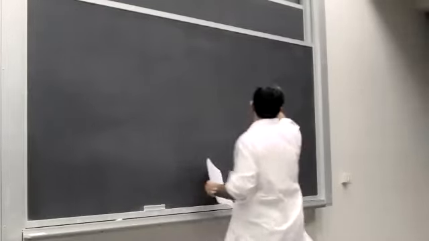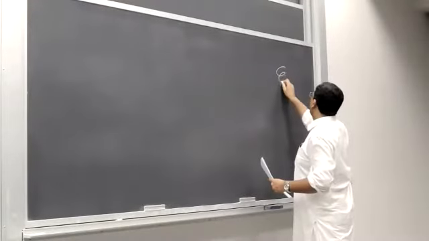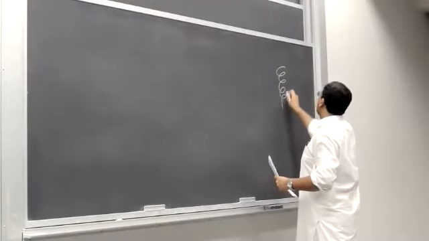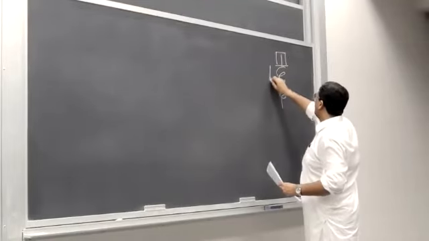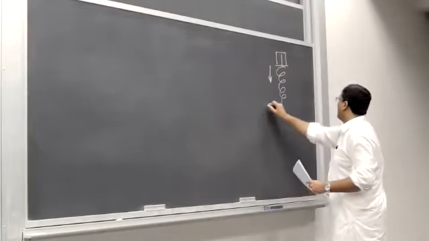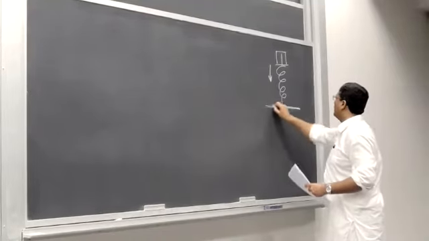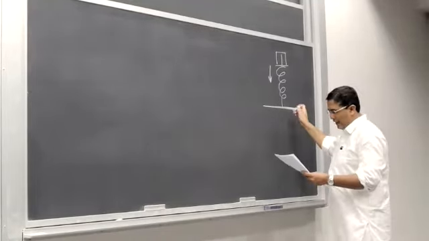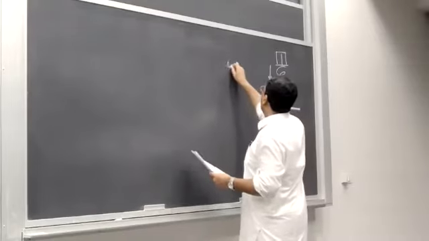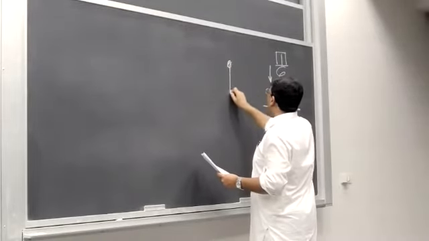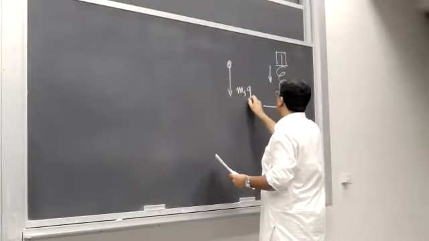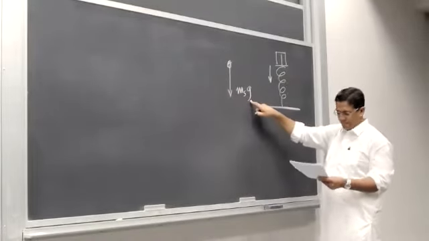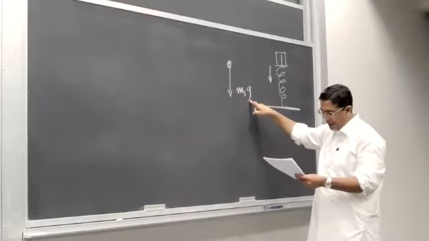Okay, so now we have the spring and the block, which is weighing it down, and then we have the floor of the elevator. If I want to write the free body diagram of the spring, there is the weight of the spring, MSG, that is weighing it down.